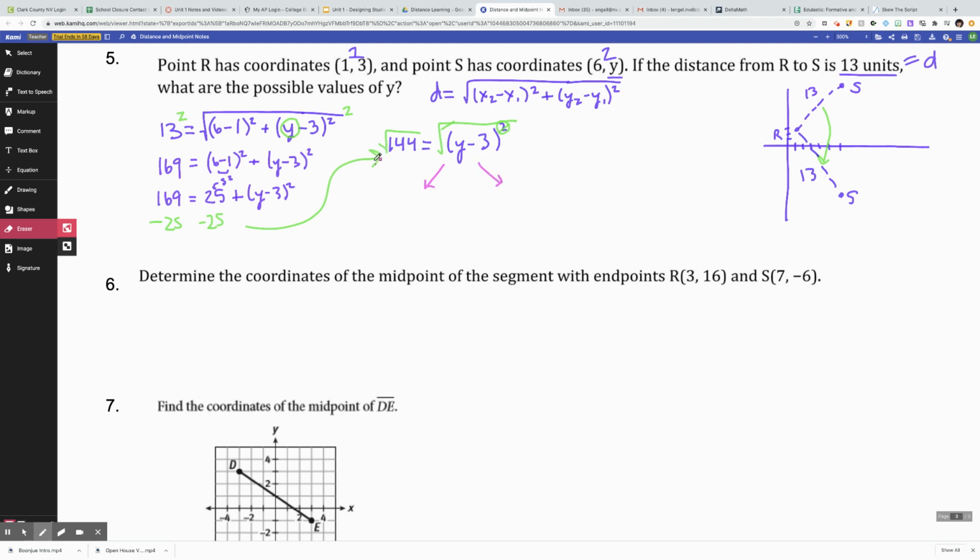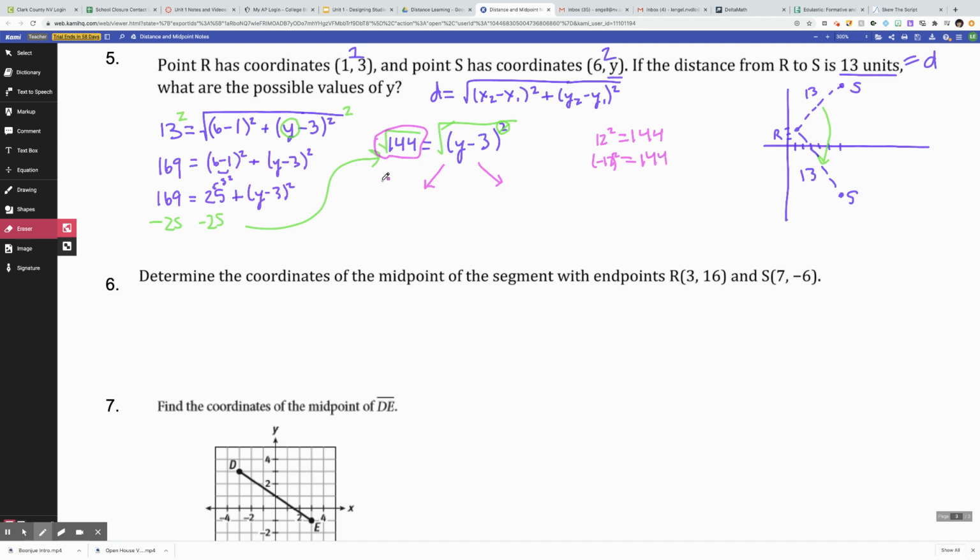Here's why. When you apply a square root, not when it's in the formula originally, you have to remember that there are two possible numbers that when you square them, you would get that squared number. We know that 12 squared equals 144, but negative 12 squared also equals 144.